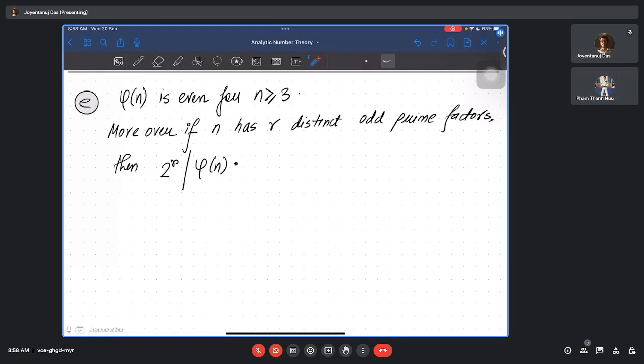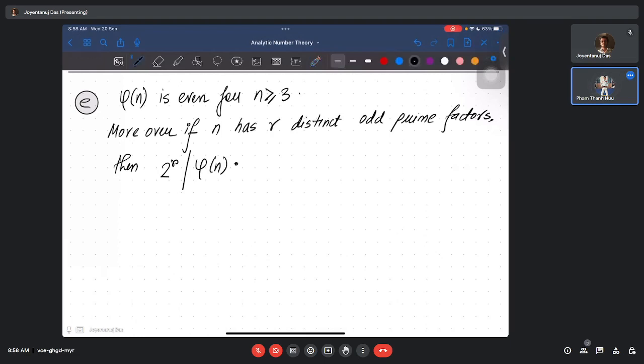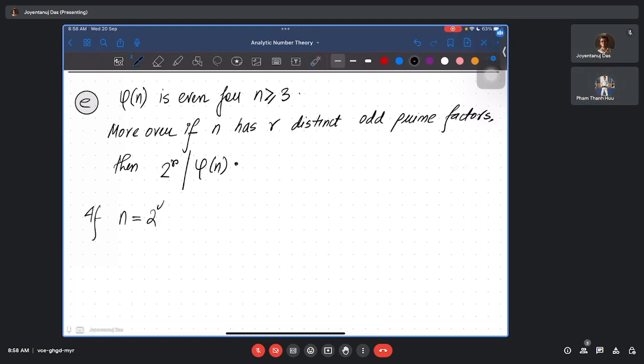Okay. So we'll divide the proof into two parts. Suppose n is a power of 2. So n equals 2 power alpha, where alpha is greater than or equal to 2, because n is greater than or equal to 3, so alpha cannot be 1, right?